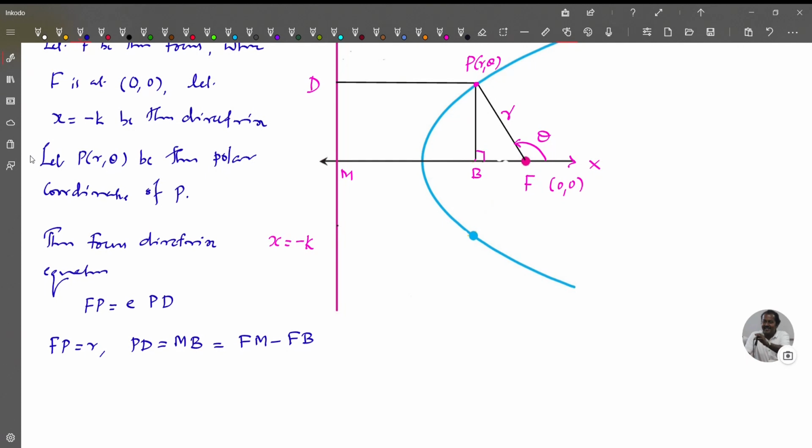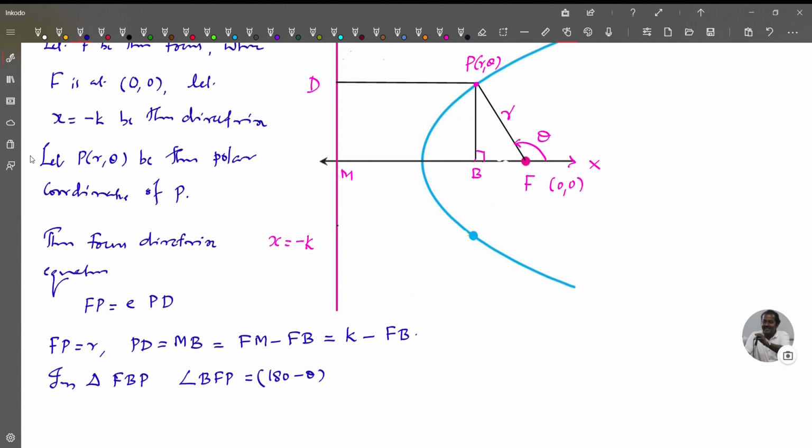FM is k, the distance from the origin to the directrix, minus FB. In triangle FBP, angle BFP is equal to 180 minus theta.